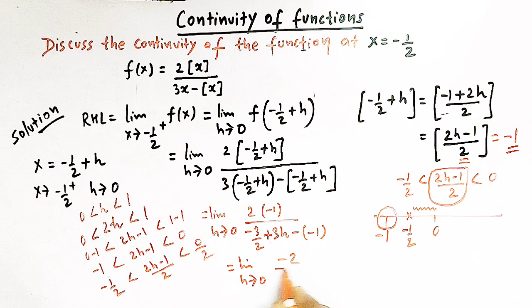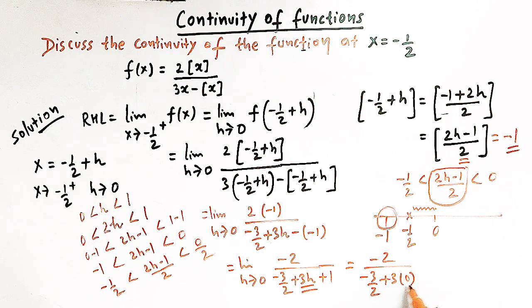This is -2, and here we have -3/2 + 3h + 1. Now when we take h tending to 0, this term is 0. So we have -2 over -3/2 + 3 times 0 + 1.